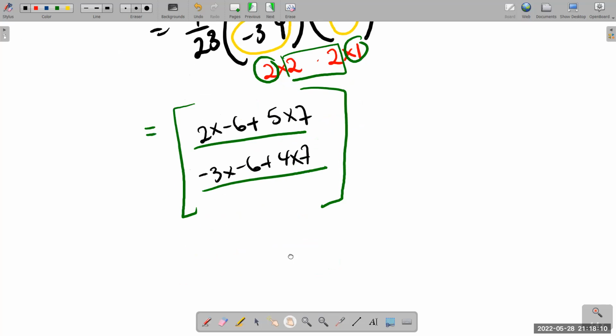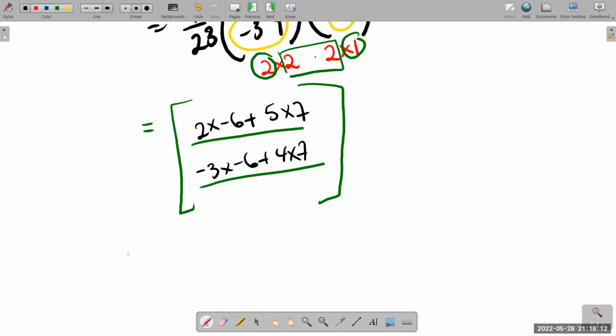Somebody with a calculator help me out there because my brain is genuinely off. But I could try a technique. 2 times negative 6 is negative 12. Plus 5 times 7 is 35, I think. Negative 3 times negative 6 is positive 18. Plus 4 times 7 is 28.